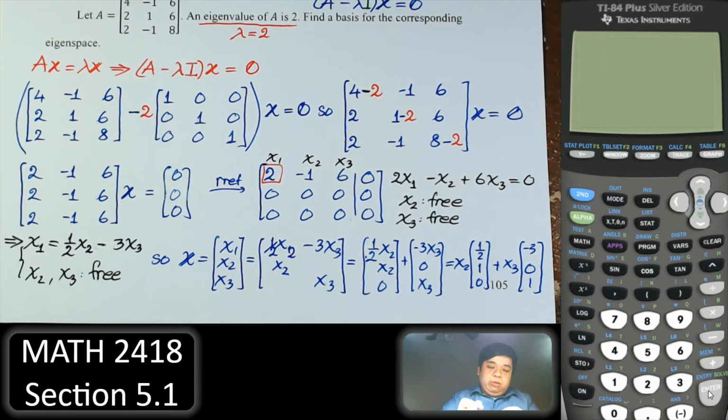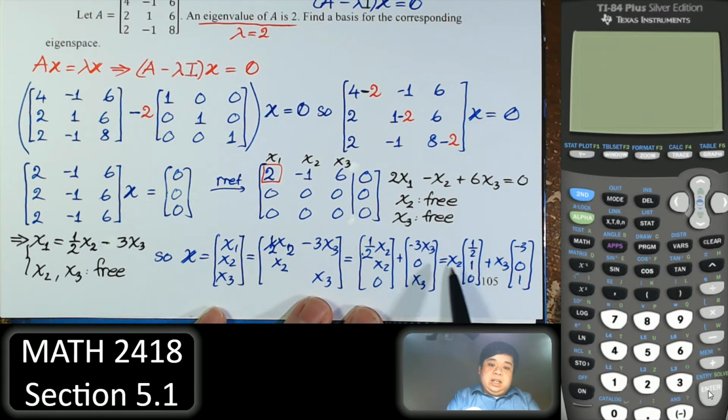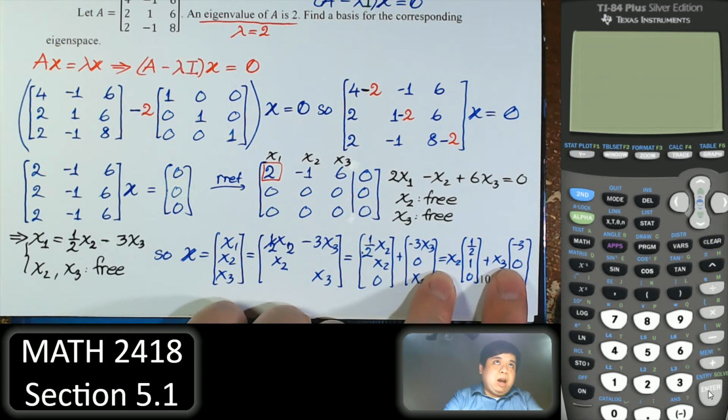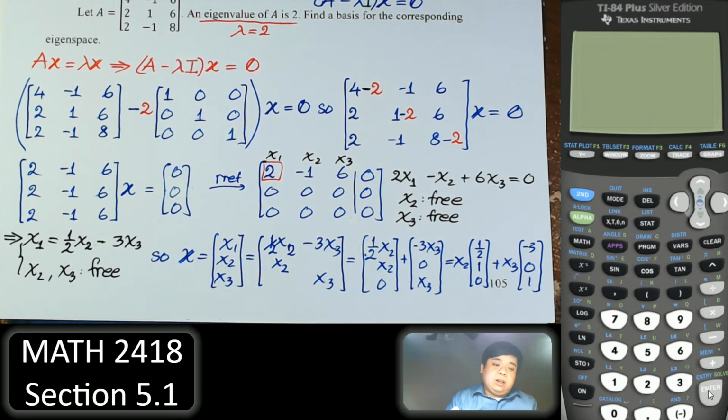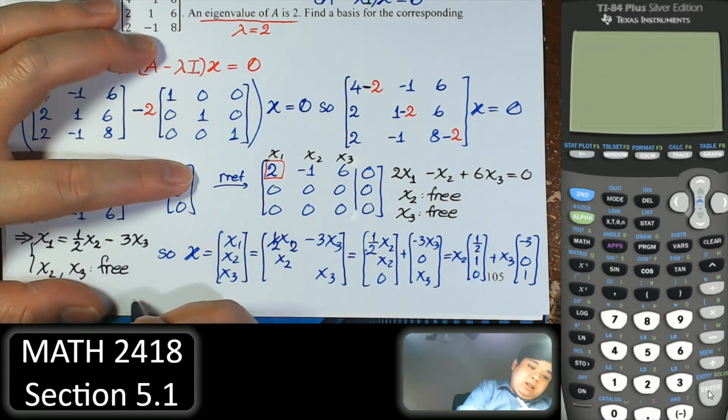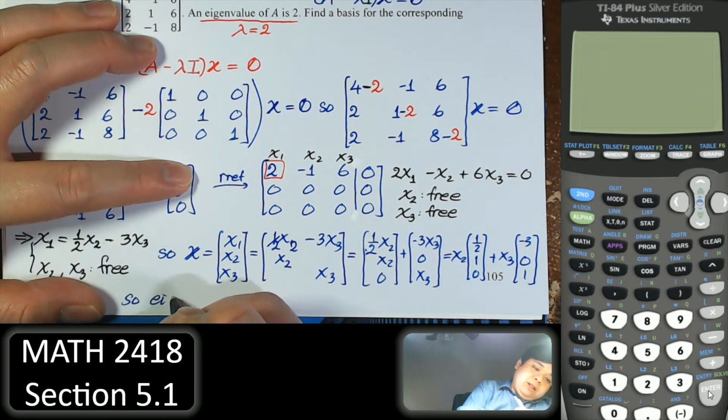So in that case we find the eigenspace is in this form, a linear combination of these two vectors, with two coefficients. So we say the eigenspace is equal to the span of these two vectors.